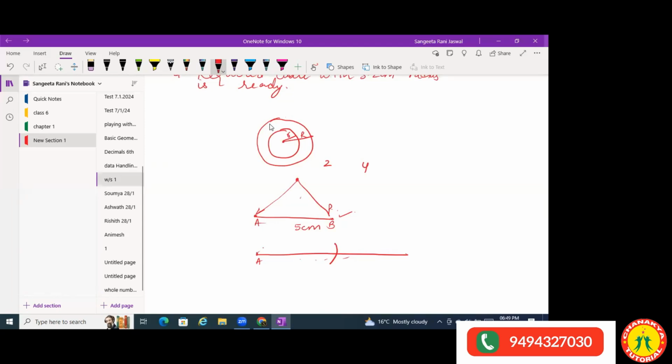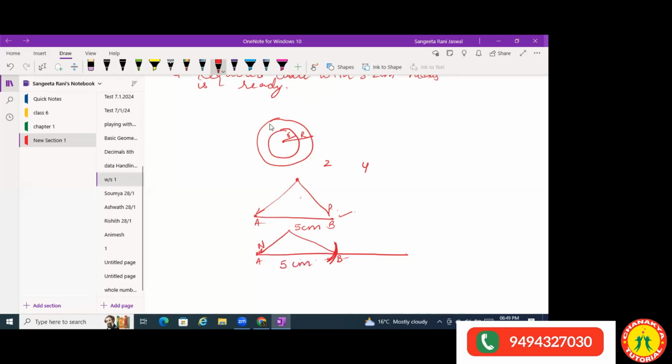Keep your compass needle here, and wherever your pencil reaches, just make an arc here. And the point of intersection of this line and the arc will be your point B. So just with compass, you have made a copy of your line, 5 centimeter.